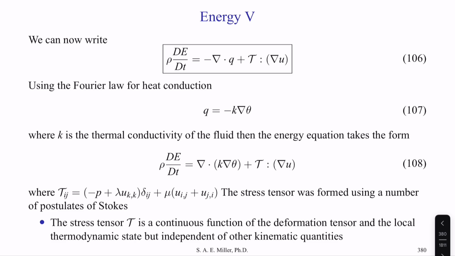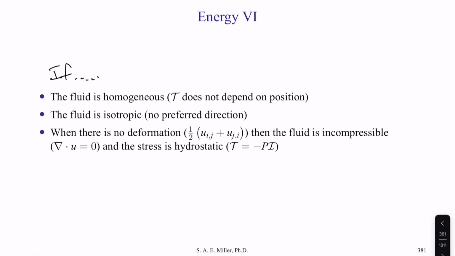Equation 108, or the simpler form 106, can be simplified given some assumptions. If the fluid is homogeneous, depending on how you say it and where you're from, we might say that the stress tensor does not depend on position. That is, homogeneous means that the statistics of the flow, turbulent or not, are invariant with spatial position.